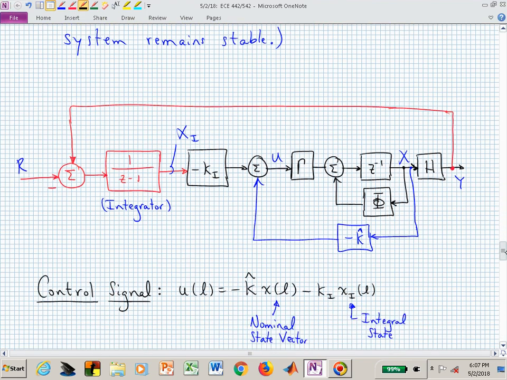And if I wanted to, I can, based on this block diagram, simply write down what the control signal looks like. What is u in the time domain? Little u of k is now just made up of 2 pieces. Those pieces are a little bit different from each other, but what do you know has to happen if you write down this equation and you say u of k is equal to, and u of k, let's say, is 1 input. What do you know has to happen on the right-hand side of that equation?